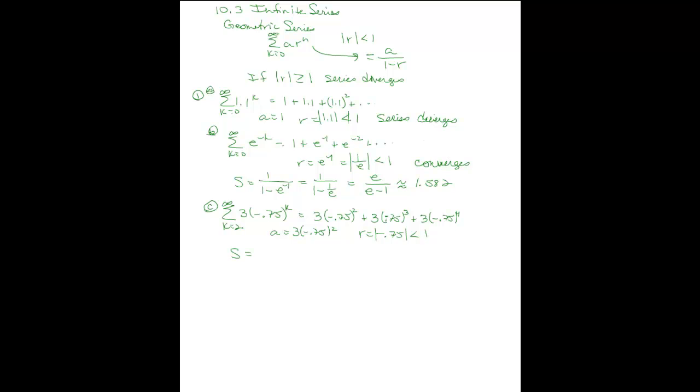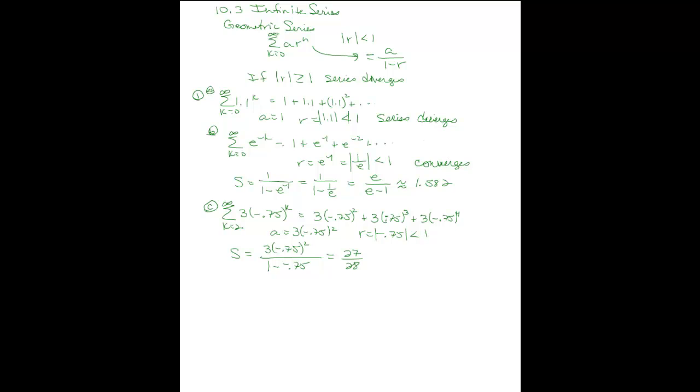So my sum is going to be the first term, and if you don't list terms out, you probably will mess that up, over 1 minus the r. And if you put this in your calculator, you could do it by hand, but it's going to get kind of weird. You get 27 over 28. I would do the top separate from the bottom, and I would put it in my calculator using negative 3/4.